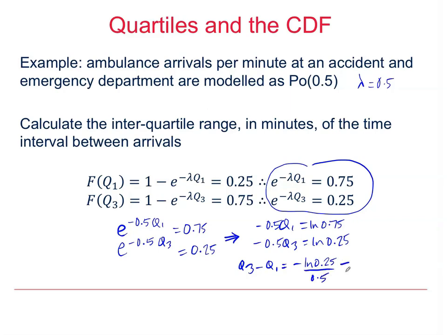And then we're going to subtract Q1 from that, which effectively is going to mean that we're going to add it, since it's already negative up here. So we've got plus ln of 0.75 over 0.5. Now, if we put that into our calculator, then we finish up with something approximately 2.20 for the interquartile range.